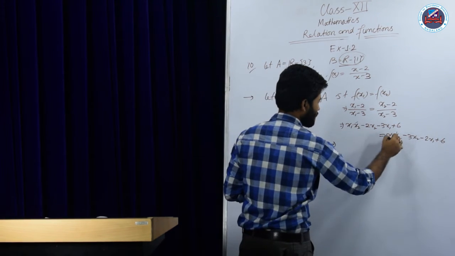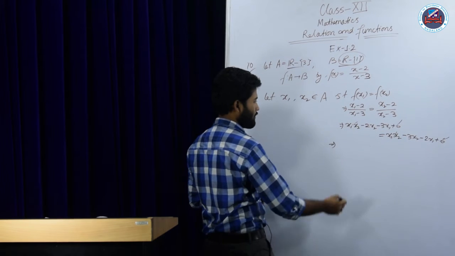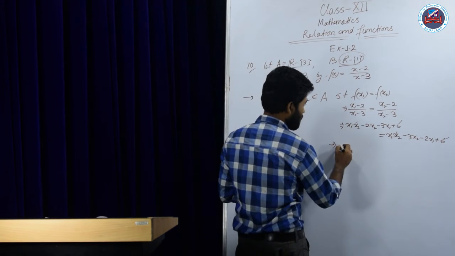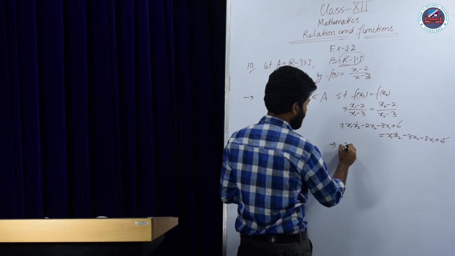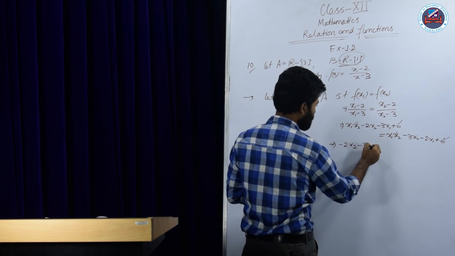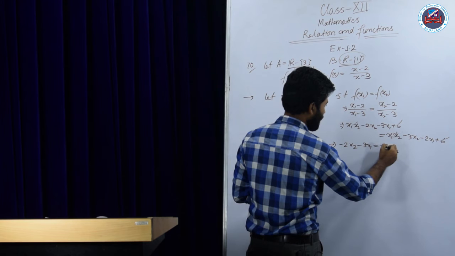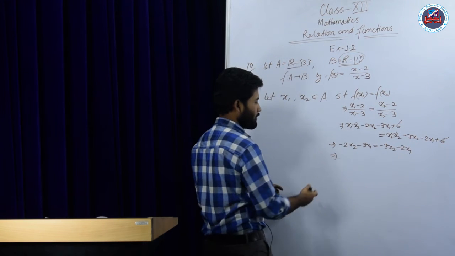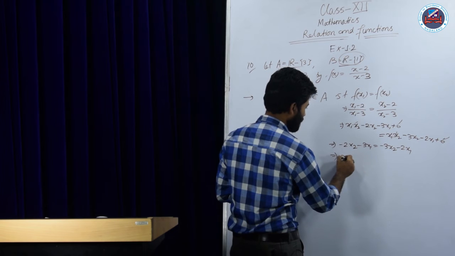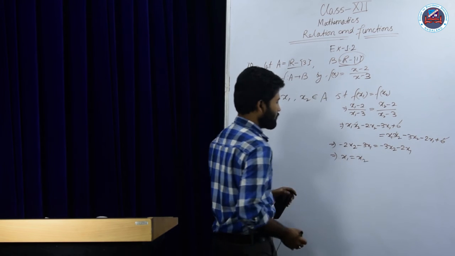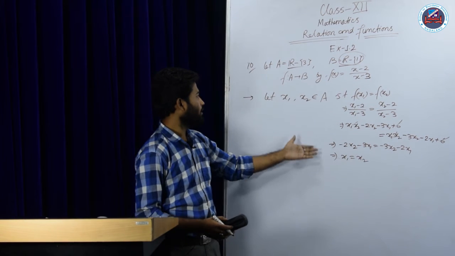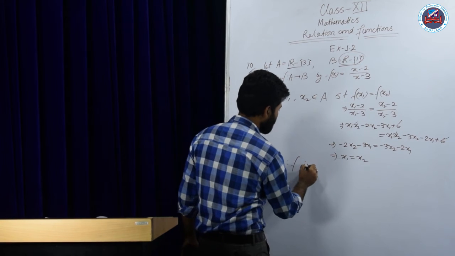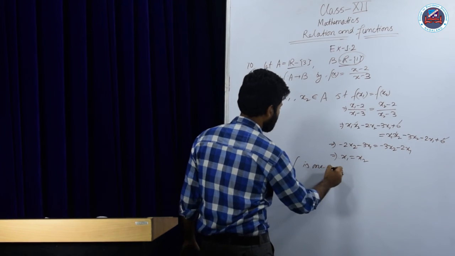These x1x2 terms will get cancelled, plus 6 will get cancelled, because the terms are on opposite sides of the equal sign. So next we have minus 2x2 minus 3x1 is equal to minus 3x2 minus 2x1. Now if we equate these, we will get x1 is equal to x2, and hence we can say that this function is 1-1. So we can write, therefore f is 1-1.